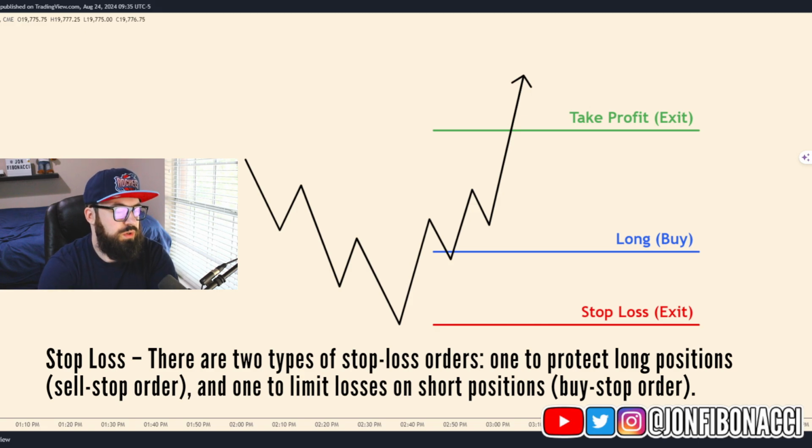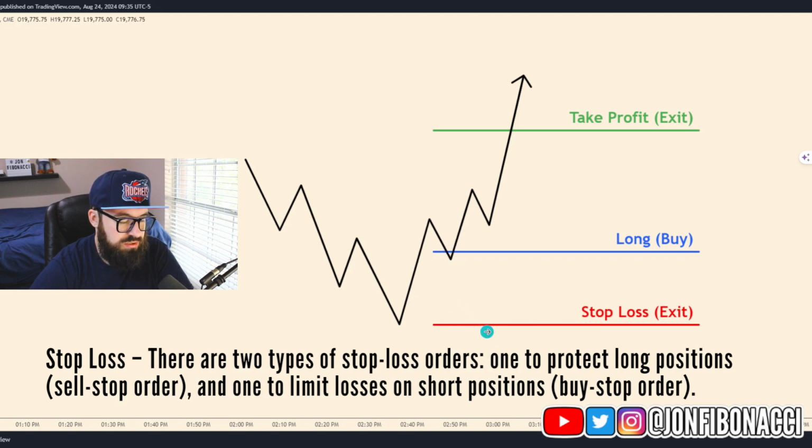Help me understand. Okay. So in this example, if I want to long the market, right here, say the market comes down and I long this particular market, what I'm going to do is place a stop loss, let's say for example at this low. So this would be a sell stop, because that order would sell it as it's going lower.